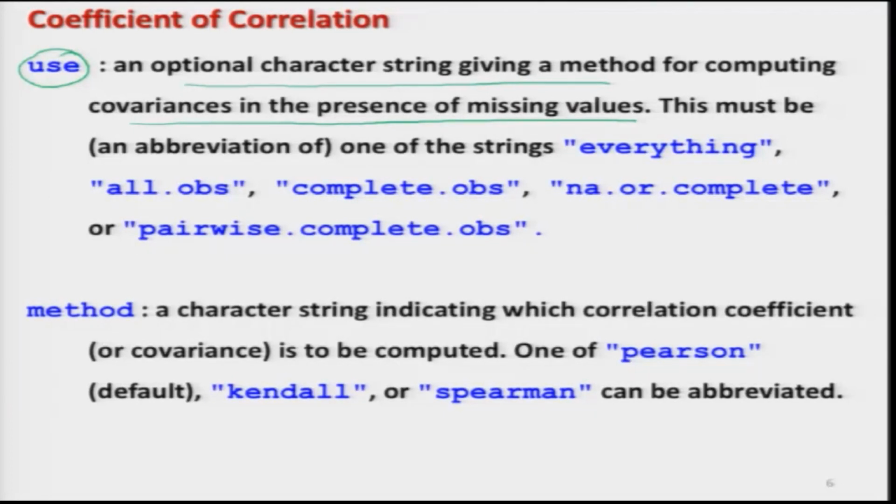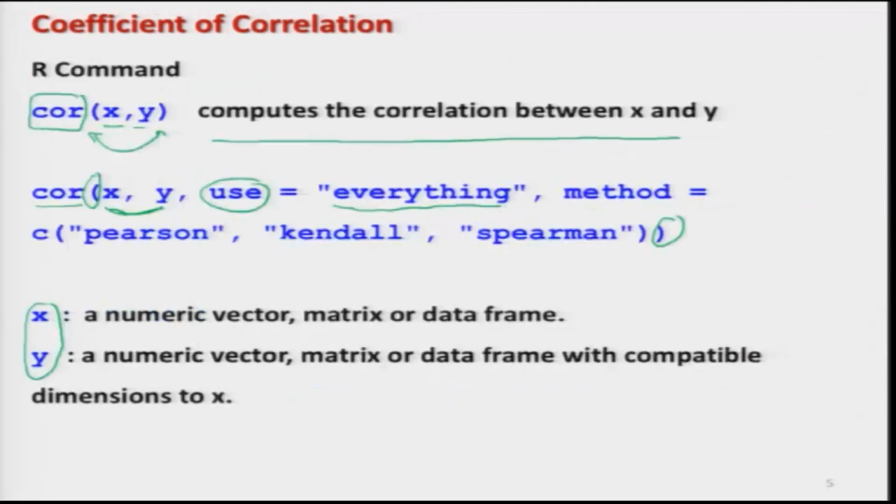In this case we have several options to give here, say everything when you want to use all the observations, or all.obs, complete.obs, na.or.complete, or pairwise.complete.obs, and so on, because there are different situations in which one would like to compute this coefficient of correlation. So we are simply going to use here the option everything, where I want to compute the correlation based on all the data. Remaining details you can look into the help menu.